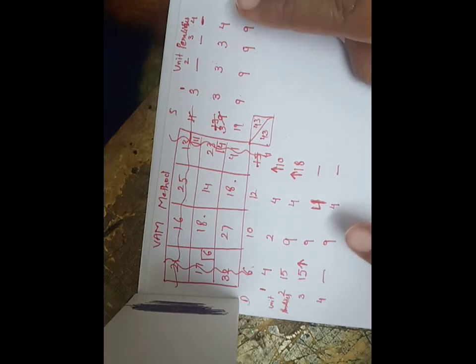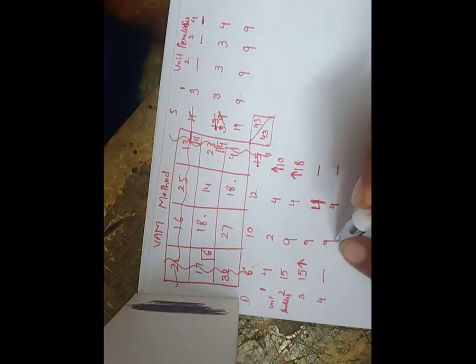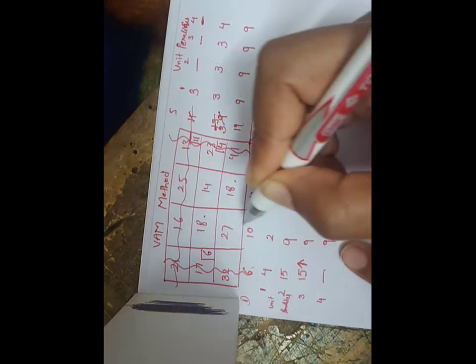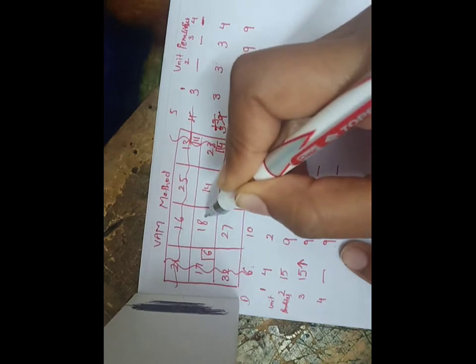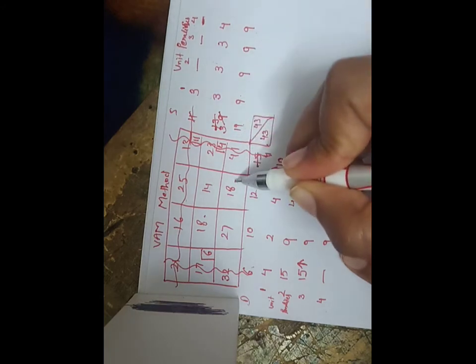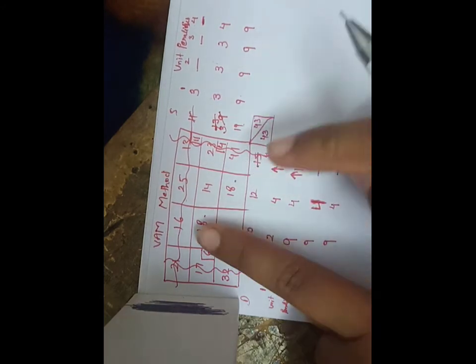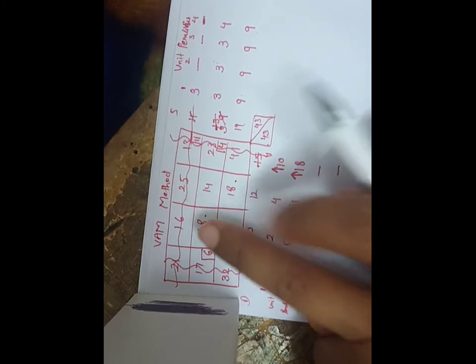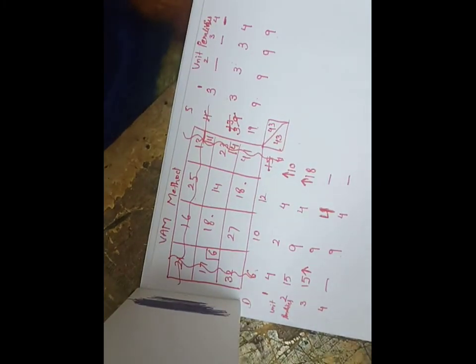If there is a tie in unit penalties, we select that particular unit penalty which provides us a cell with the lowest cost. For example, if we consider this penalty, what is the lowest cost here? 18. And if we select this 9, the lowest cell is 18. So you can check that again there is a tie between the minimum cells.